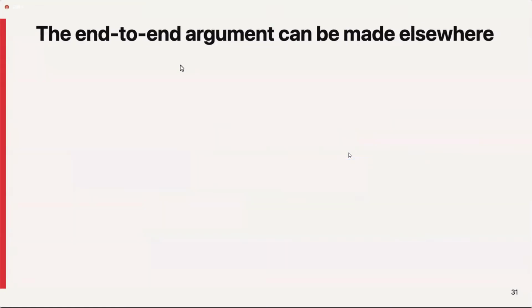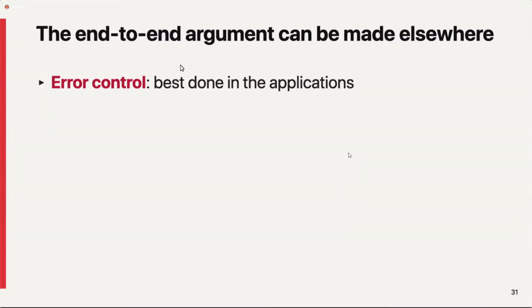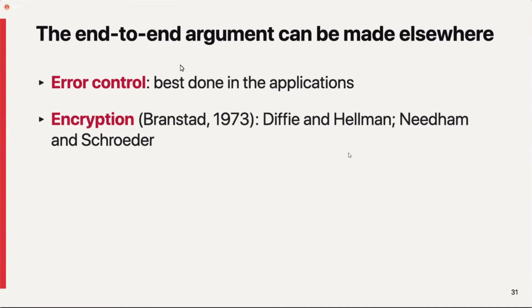And the end-to-end argument can be made in a lot of other places as well. For example, error control. That's what we had in our previous case when we have the careful file transfer. And the argument here is it is best done in the applications unless there's a performance improvement in the lower layers. Encryption, again, best done in the applications unless you can show a very good performance gain if you do it in the lower layers.